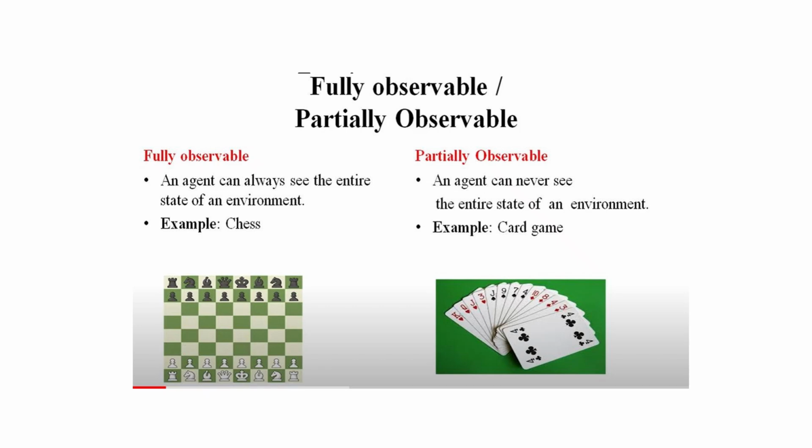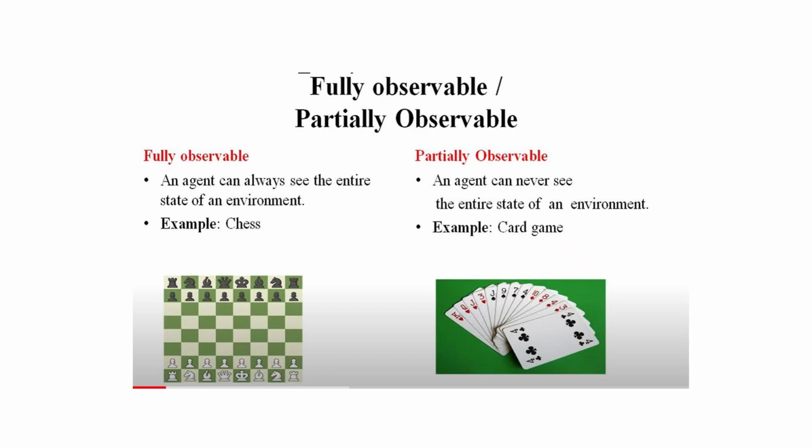Every move is known and visible to player 1 and player 2, and the current state of the environment is known to both. So that is about fully observable.